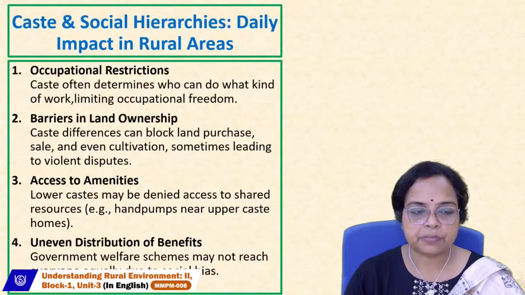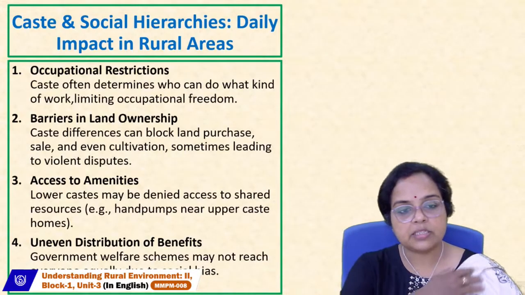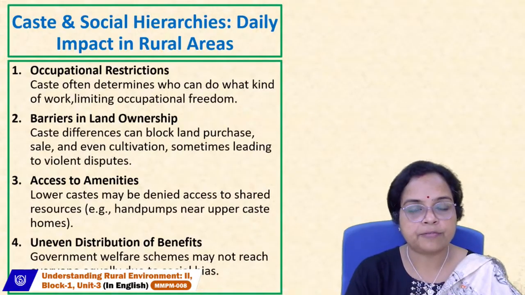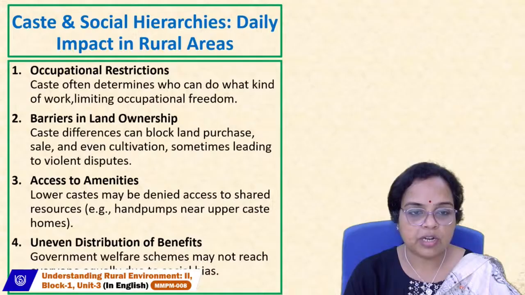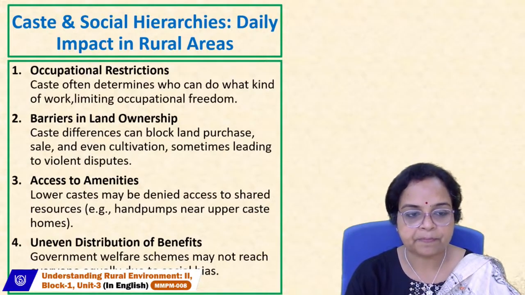Barriers in land ownership: caste differences can block land purchase, sale, and even cultivation, sometimes leading to violent disputes. All of you may have evidence or examples for this. Due to caste, some farmers are not able to purchase the land they wanted to purchase. They wanted to cultivate, but the caste barrier is there to limit their purchasing power.